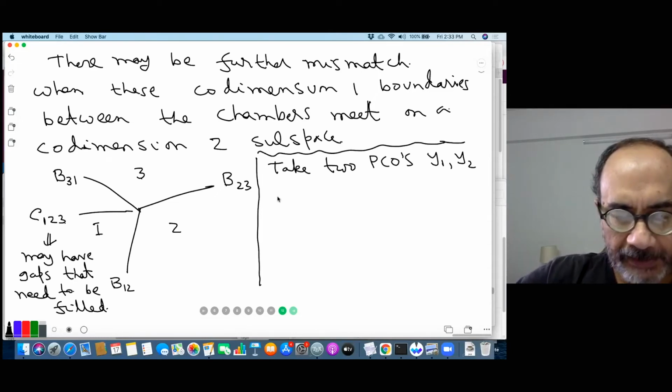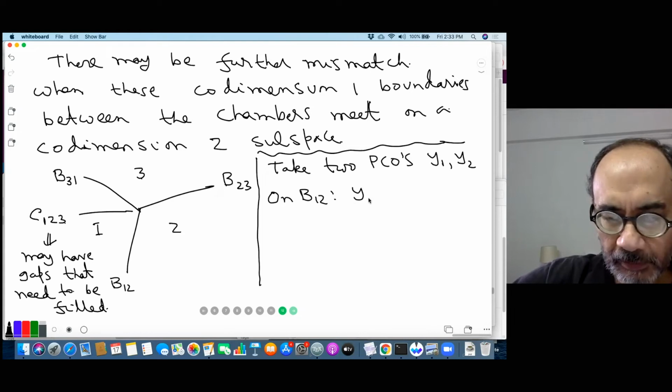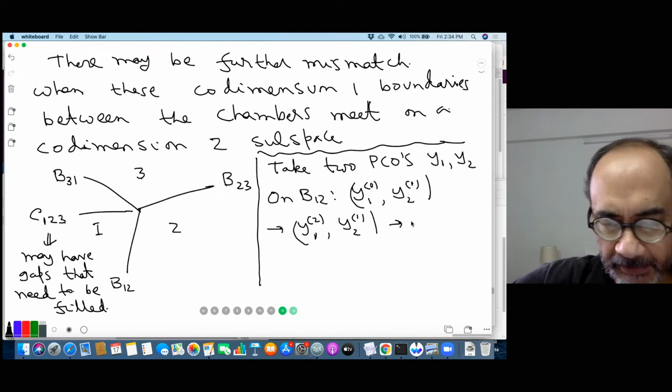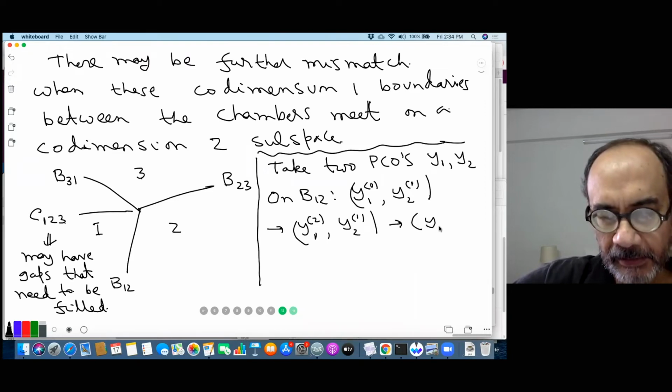So this means that on B12, the way we move is that we start with Y11, Y21. Then you first move Y1, so it becomes Y12, Y21, and then it becomes Y12 and Y22.